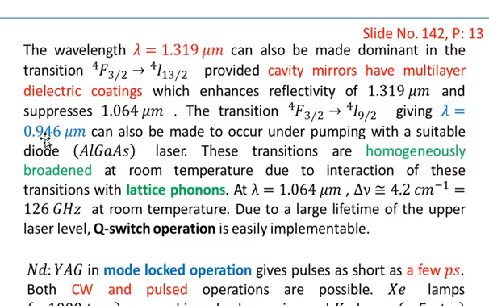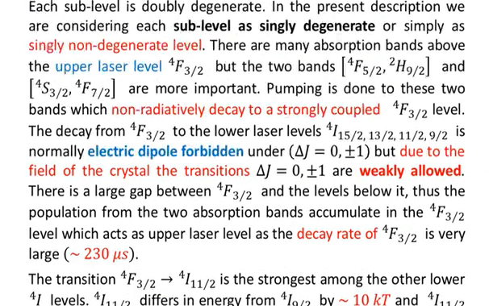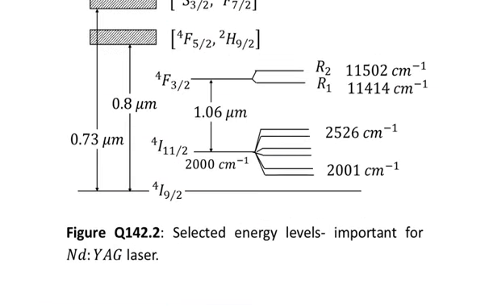So this transition, that is 0.946 micron, can be obtained through the transition from the 4F3/2 to the ground state, which is 4I9/2. So that is a transition from the R1 level to the 4I9/2 level. When this transition takes place, it will give you a wavelength of 0.946 micron.